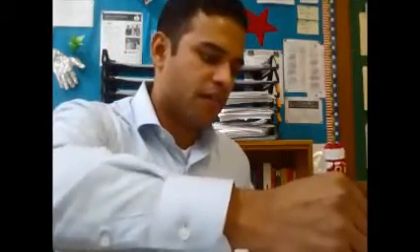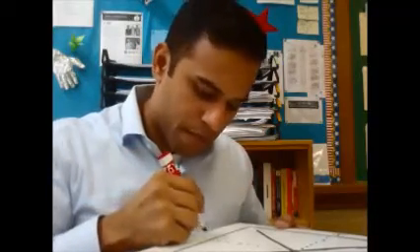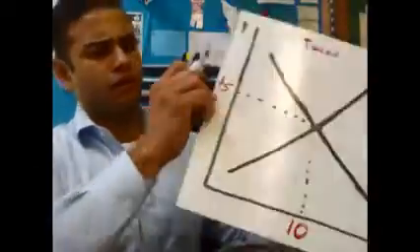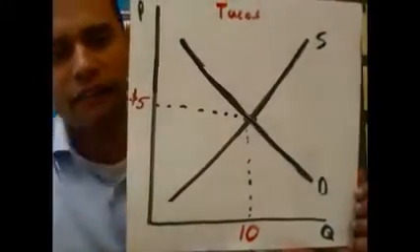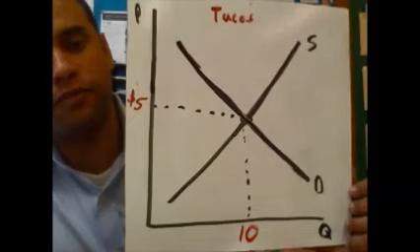So let's pretend like this is the supply and demand of tacos, and the equilibrium price is $5, which is a pretty expensive taco. I'm not sure I support that, but I've just put a 10 there. So at $5, there will be 10 tacos sold, right?